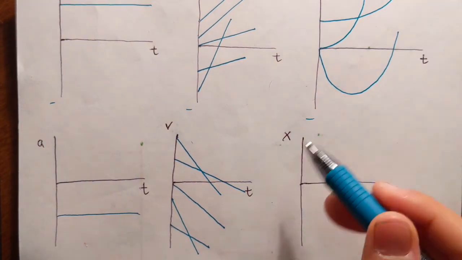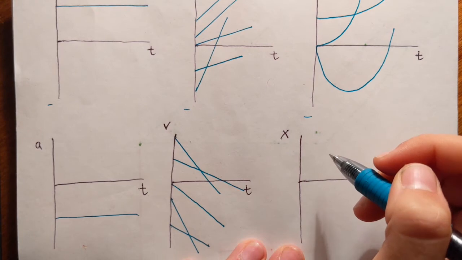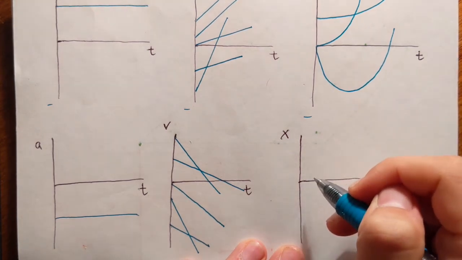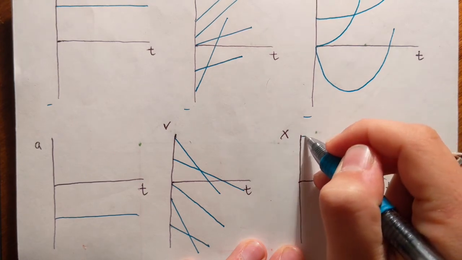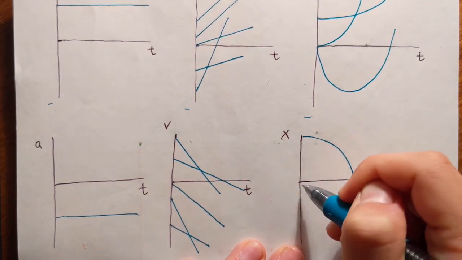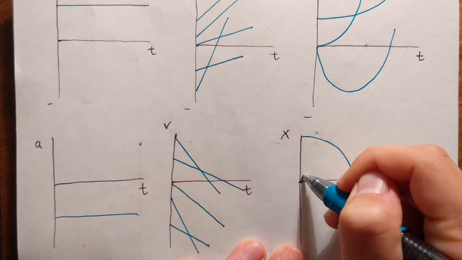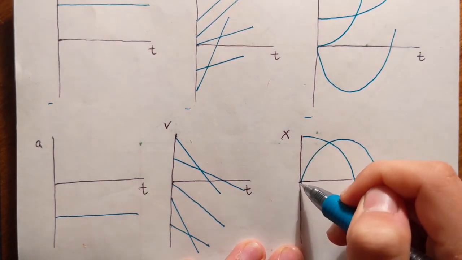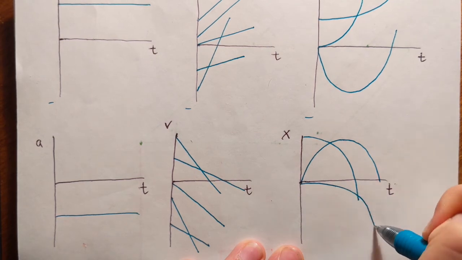Now, on a position versus time graph, an object that has a negative acceleration might have a position versus time graph that looks something like this, or this, or maybe like this.